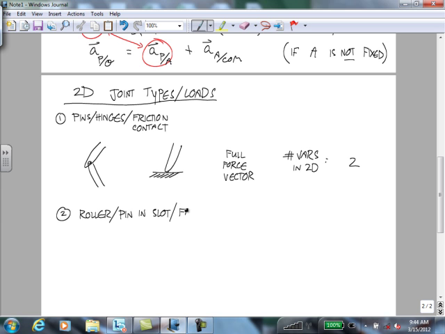In this case, you have a force vector, but we know the direction. With this category 1, we don't know the direction, so we have 2 variables. Here we have a force vector in the direction perpendicular to the contact, or perpendicular, let's say, to the surface.